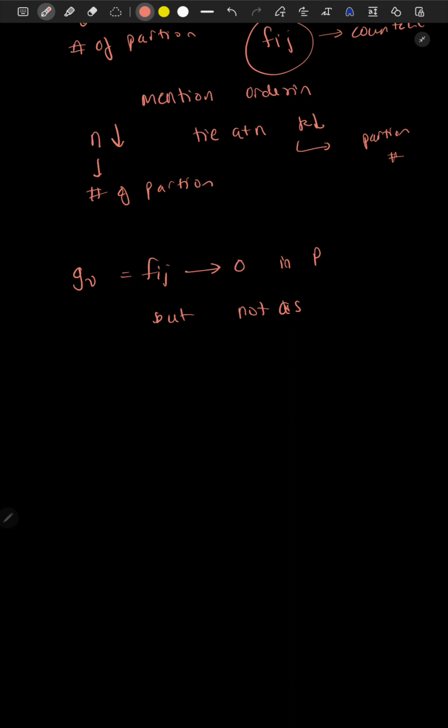To show that it converges in probability, I fix epsilon. Then I have to show that the measure of the set where |F_ij(omega) minus 0| is greater than epsilon goes to 0, because the limiting point is 0 itself.